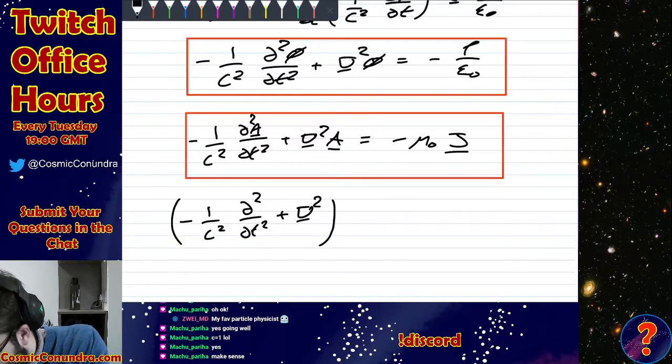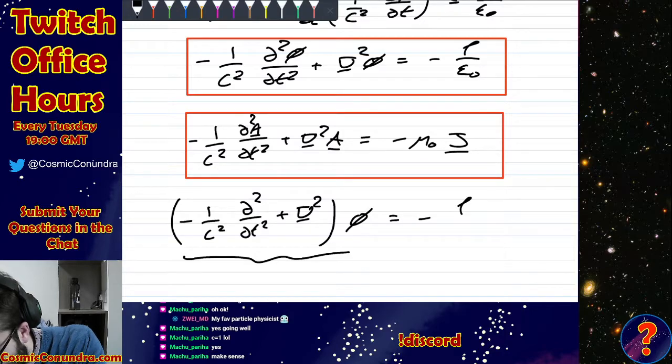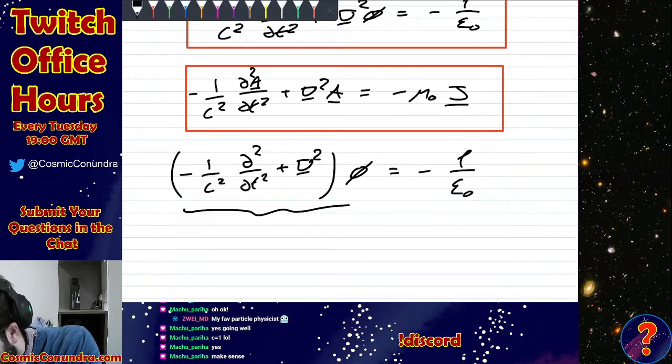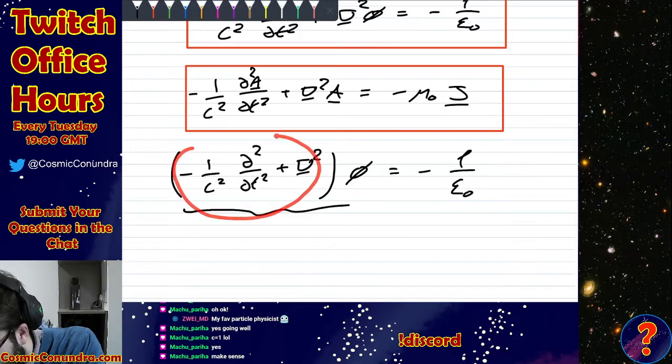We can rewrite both of these as this operator here, acting on phi to give this. And in the case of A, it would be exactly the same, except now we'd have an A here, and a minus mu naught J here. Okay. So we've written it in terms of the same operator on the left-hand side.